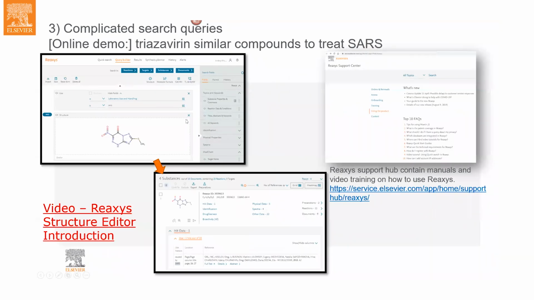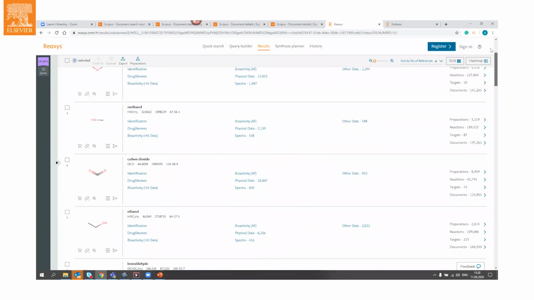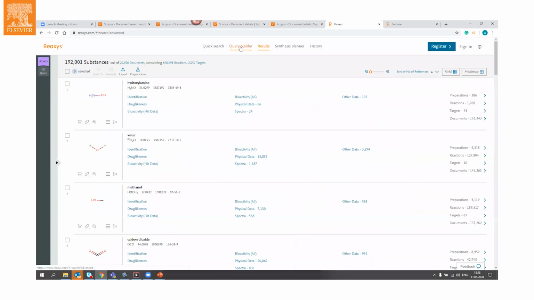And also it's important to mention that you can use different combinations of strategies. For example, I like this example because triazavirin is an antiviral drug developed in Russia, and I'm from Russia. We can search a combination of the search fields. How to do it?